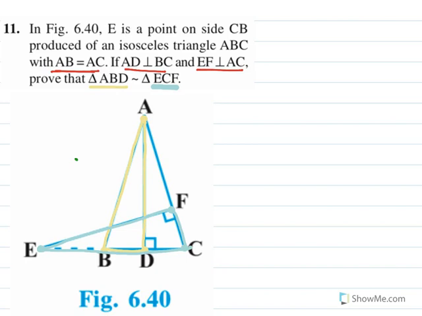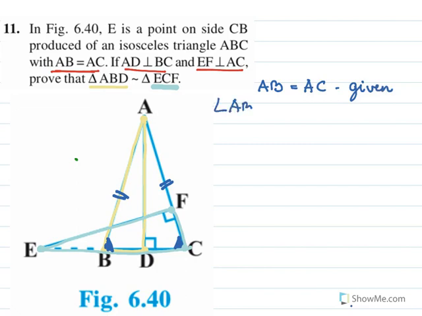So it is given to us AB is equal to AC. Now if AB is equal to AC, the two angles also will be equal. So we have angle B is equal to angle C. So let's start with that. We have AB equal to AC, and this is given.